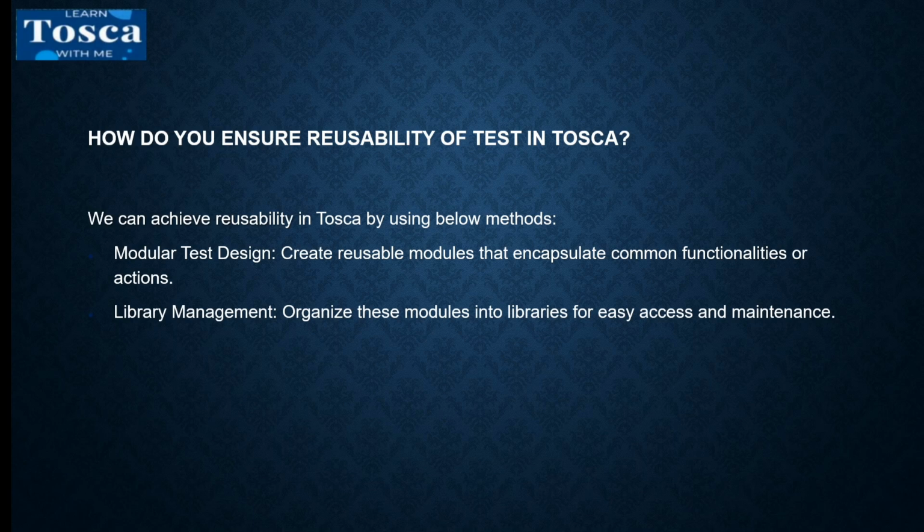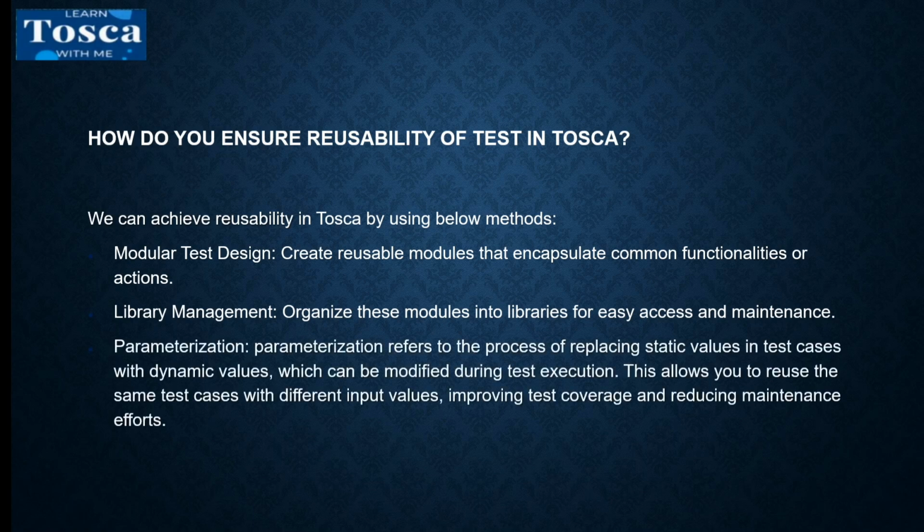Then if tomorrow there is some change in those steps, instead of updating each step, you can update the library in one place only. Wherever you have used that library, it will get reflected in all the cases. So a library plays a very important role when you talk about reusability.